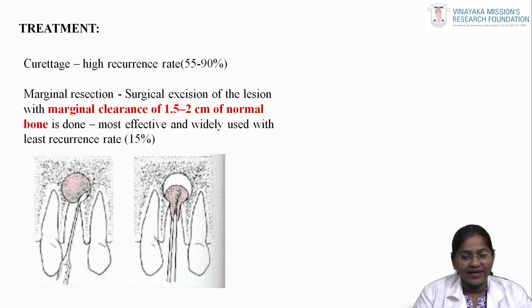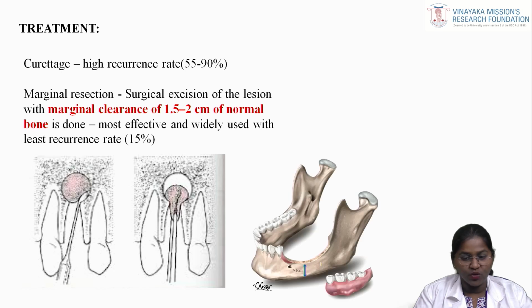So next are the radical methods, which are resection with continuity defect and resection without continuity defect. In resection without continuity defect, a minimum inferior border of 1.5 to 2 centimeters should be preserved after the resection of the lesion.